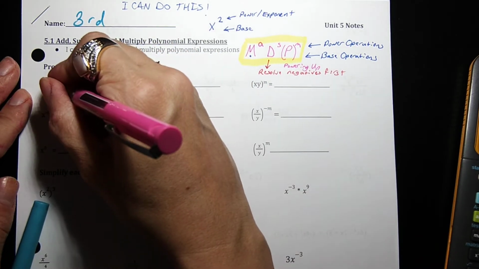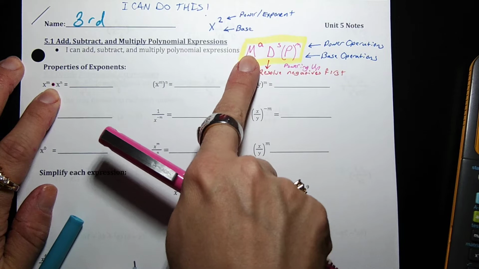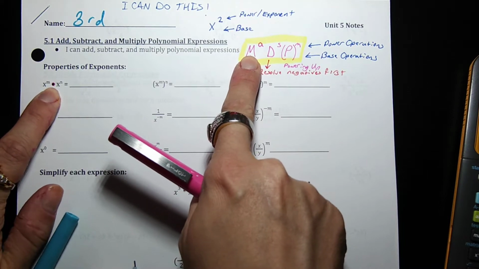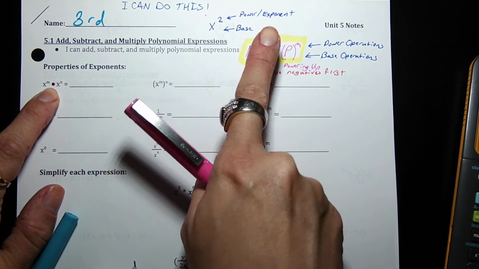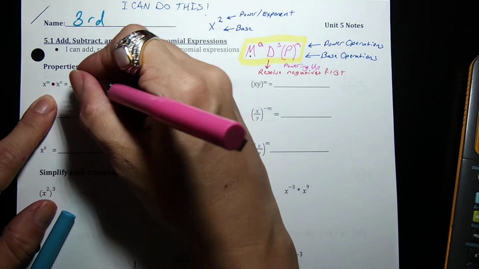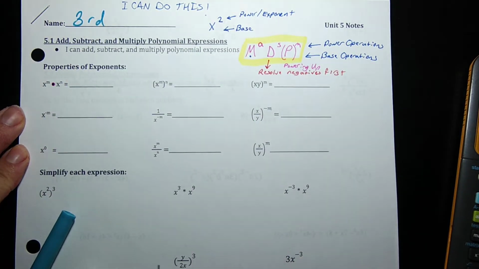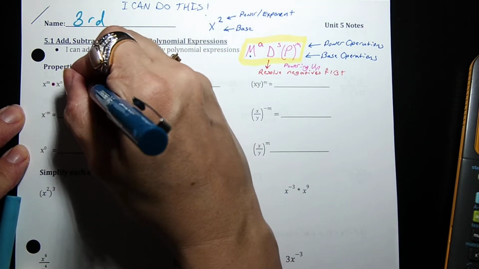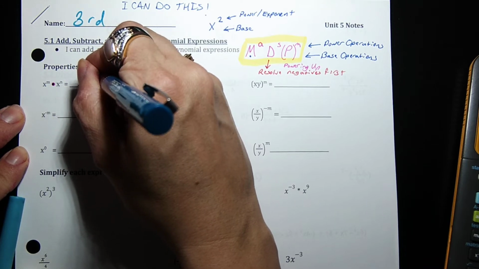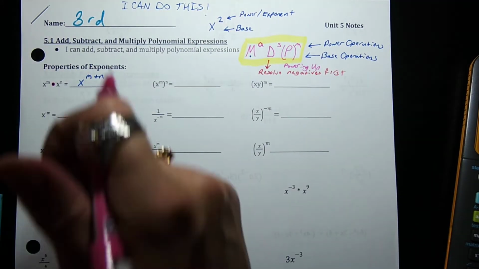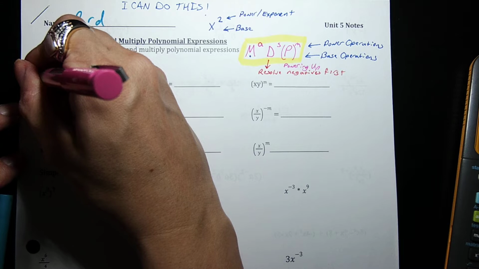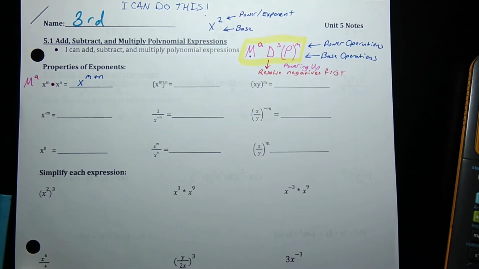My operation between the bases is multiplication. So if I'm multiplying the bases, what are we going to do with the exponents? Add them. So this would be x to the m plus n. So this corresponds to the MA part of MADSPAM.